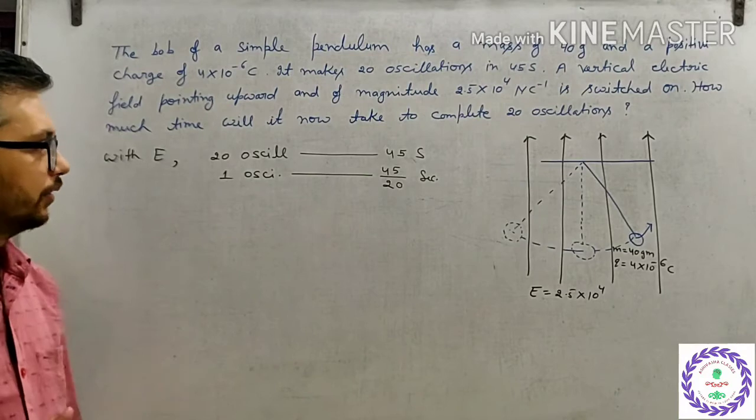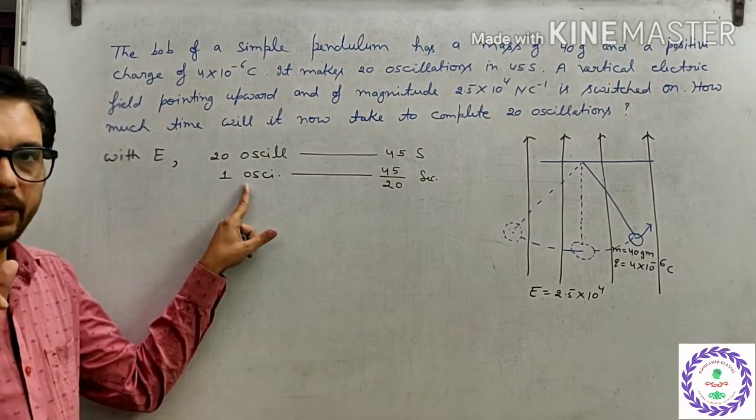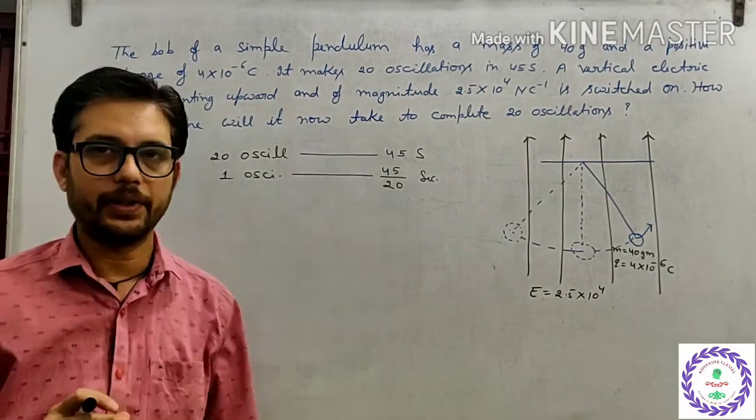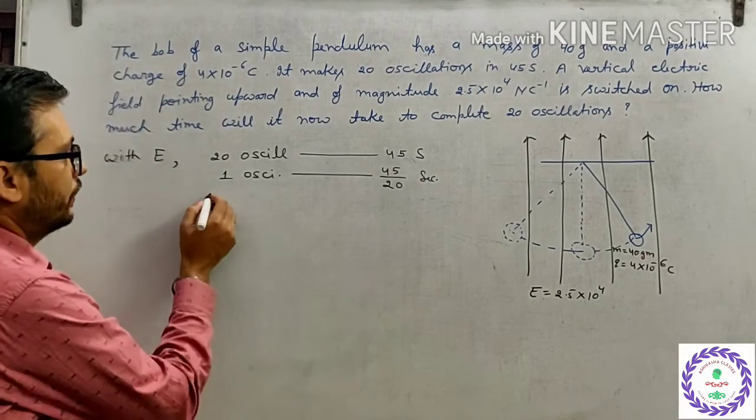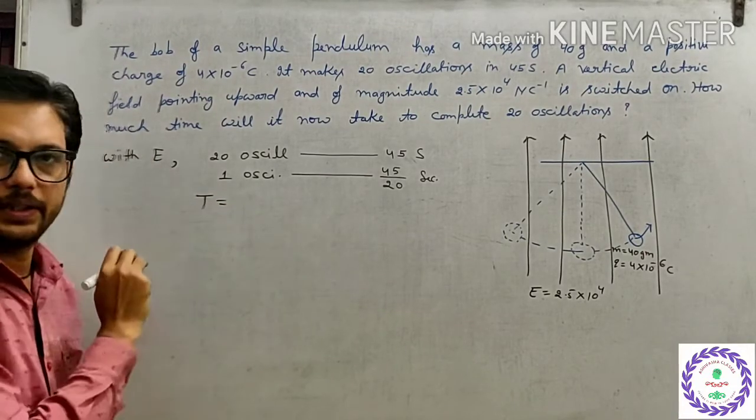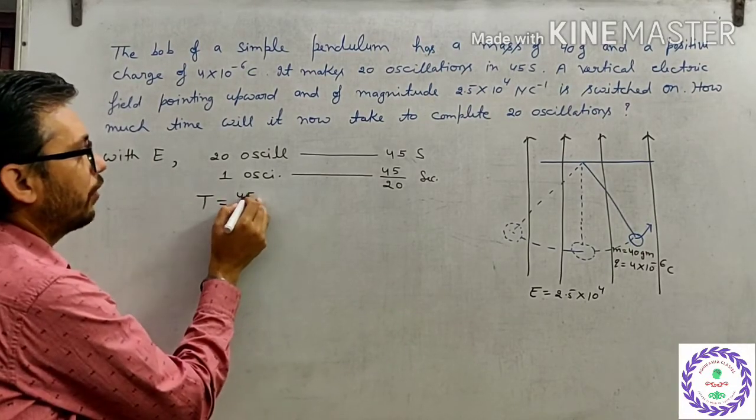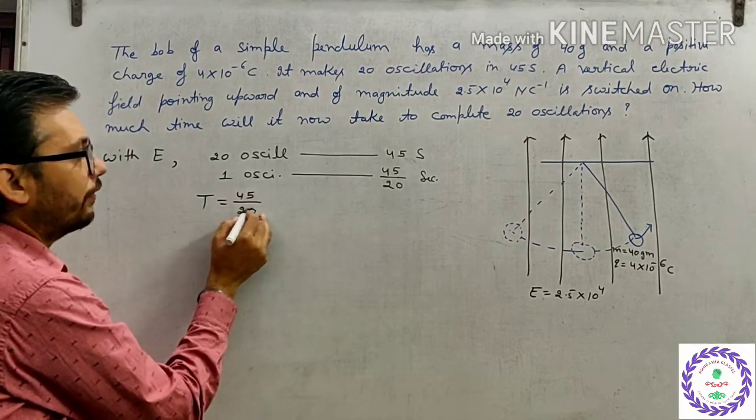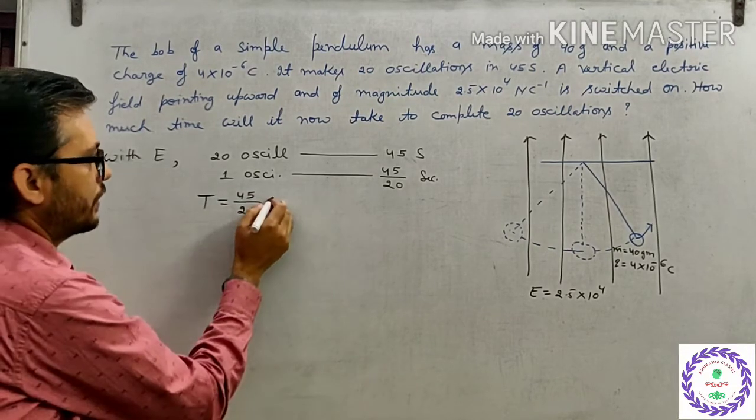Now we know that the time to complete one oscillation is called the time period. So it means the time period capital T of the simple pendulum is 45 by 20 seconds.